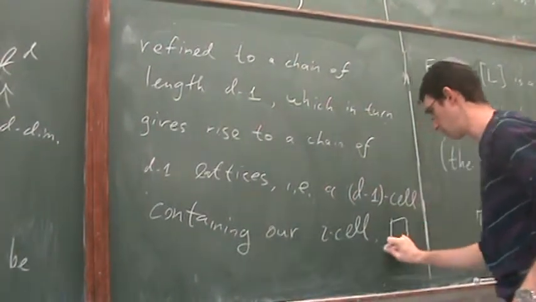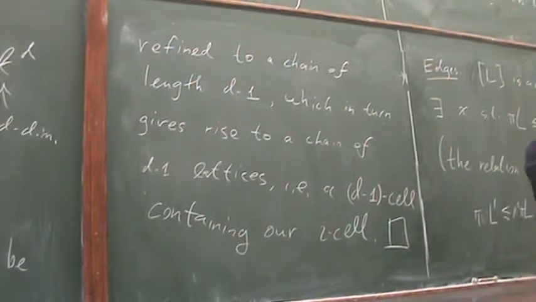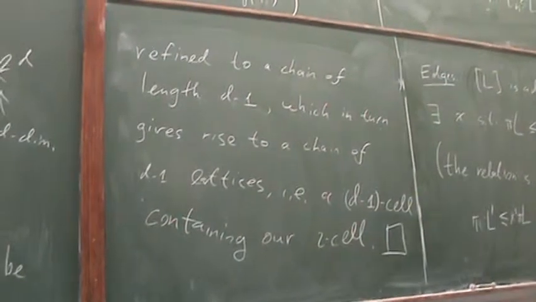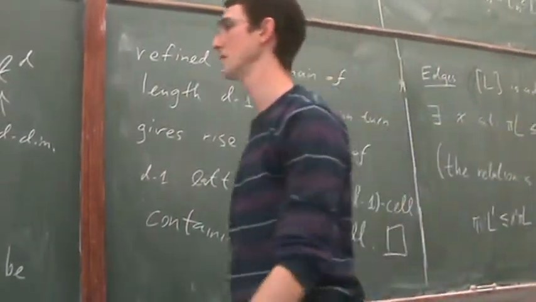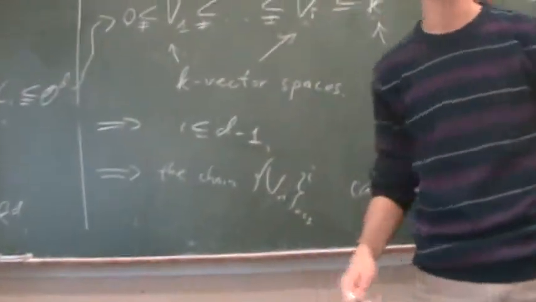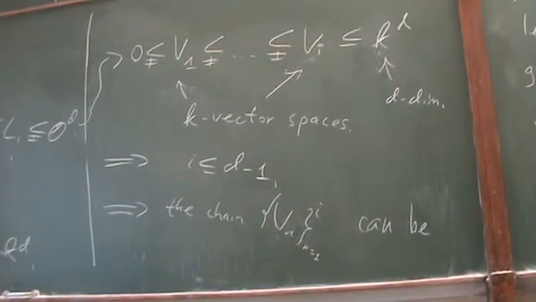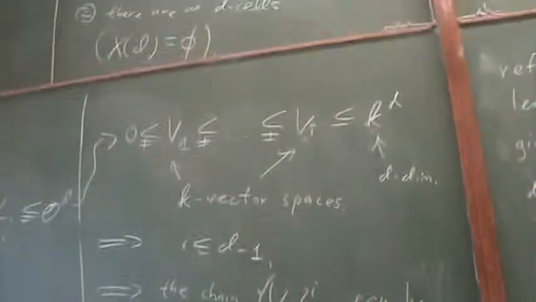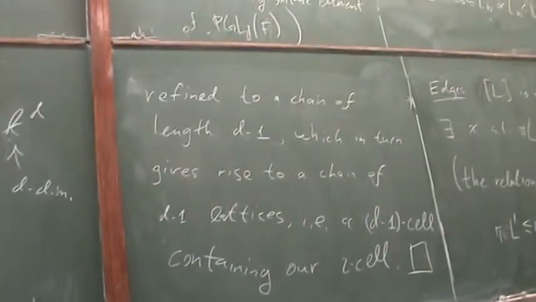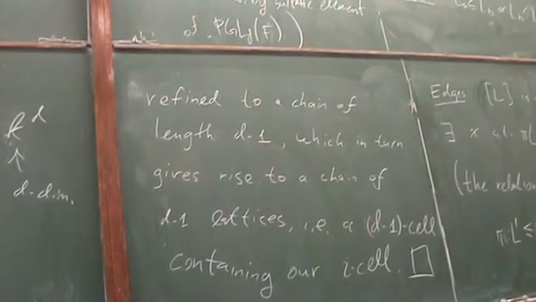So this completes the proof. This proves 1. So every cell is contained in a d minus 1 cell, and there are no d cells. So apart from this point, which is technical, and I don't want to fumble around it, this is proven.